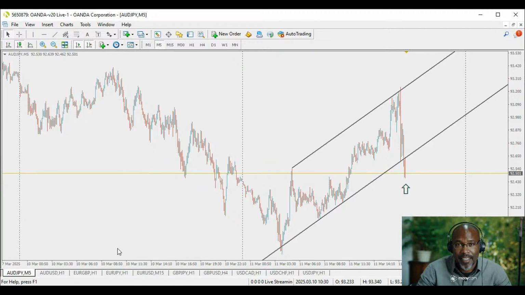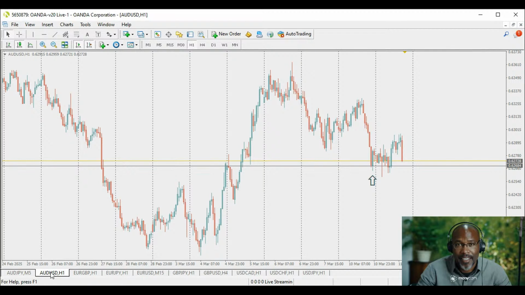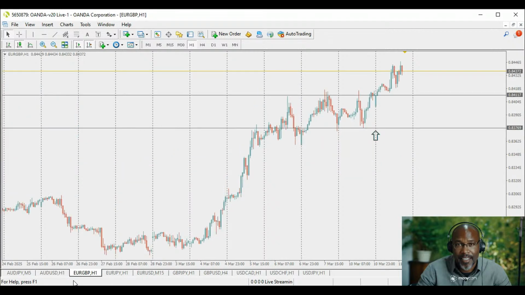Now let me turn my attention to the Aussie dollar, US dollar. I'm at support here as well.